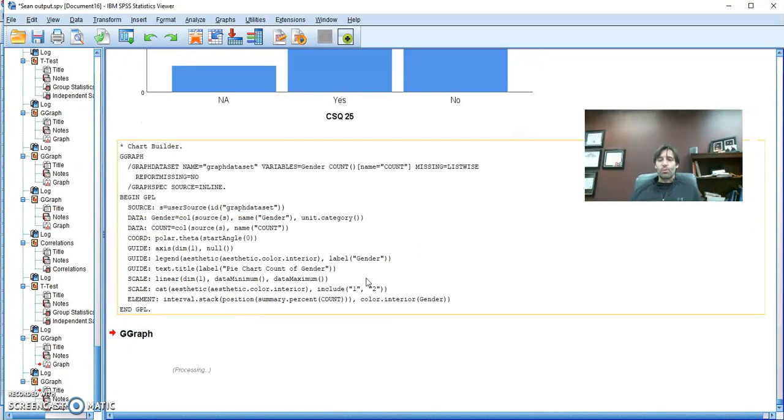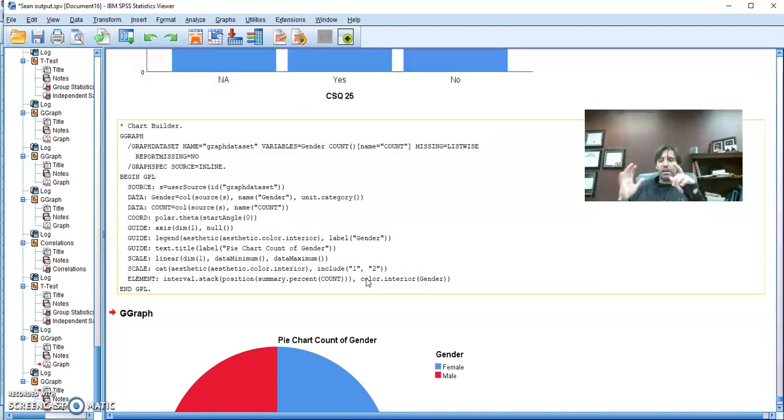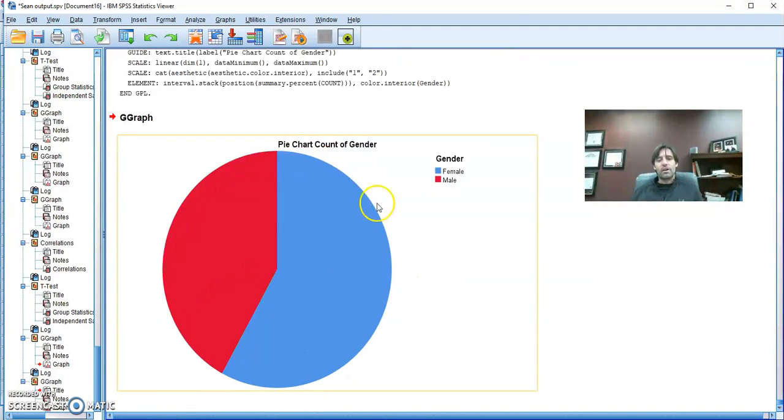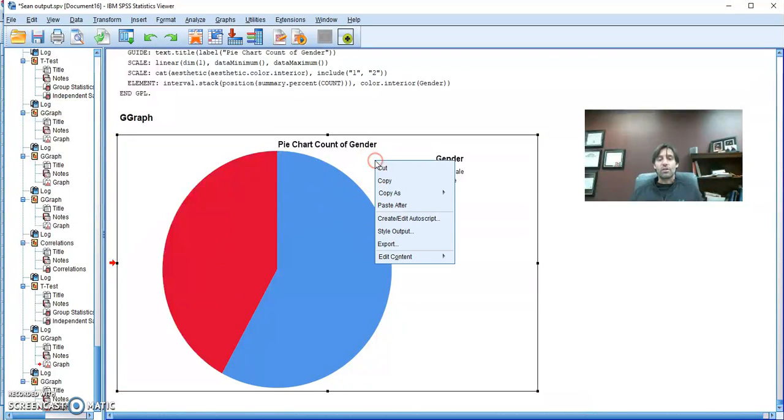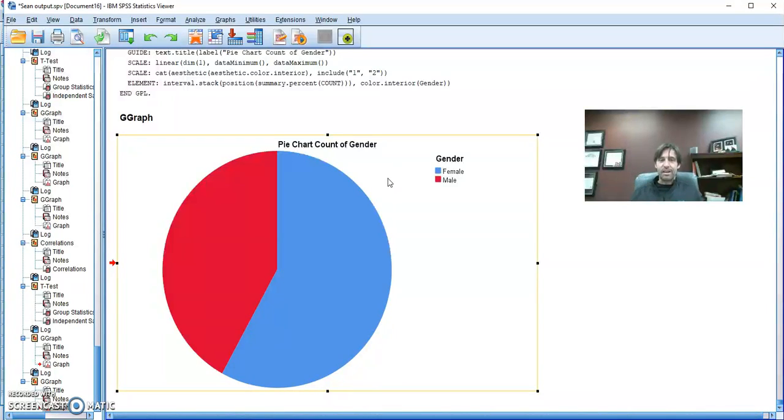And I usually do this with participants, something where you're considering a whole number of something. So pie chart count of gender. So you can see about 60% males, or excuse me, 60% females, 40% males. Again, all you do is copy and paste that into your paper.